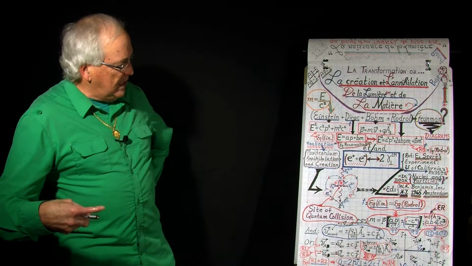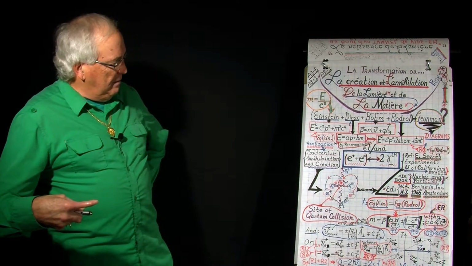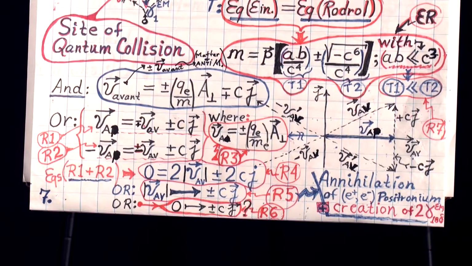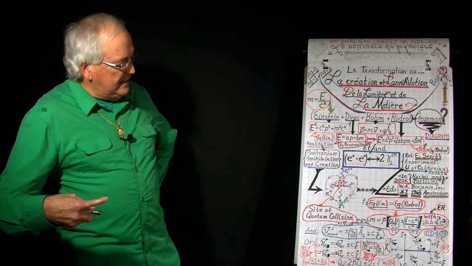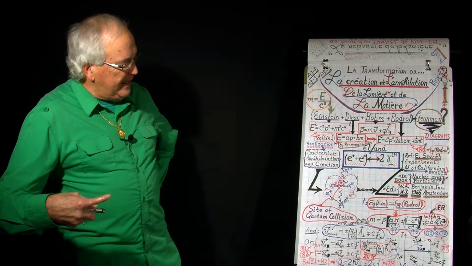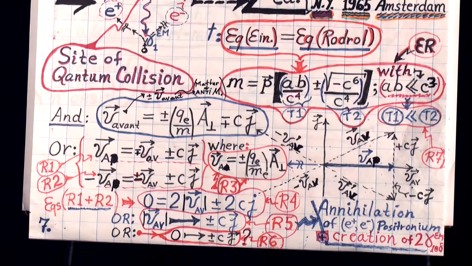But when you use the fact that a will be much smaller than c, and b much smaller than c squared, you'll end up with this being much smaller than that. So this will be the dominating factor.